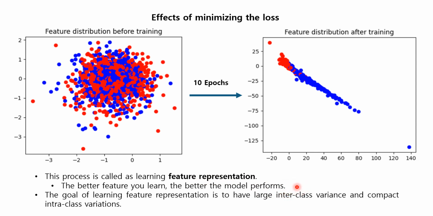The goal of learning feature representation is to have large interclass variance and compact intraclass variations. What I mean by large interclass variance is that the points that belong to different categories, in this example the red points and blue points, should be far apart from each other, and those points that belong to the same category, for example these blue points, should be close to each other.